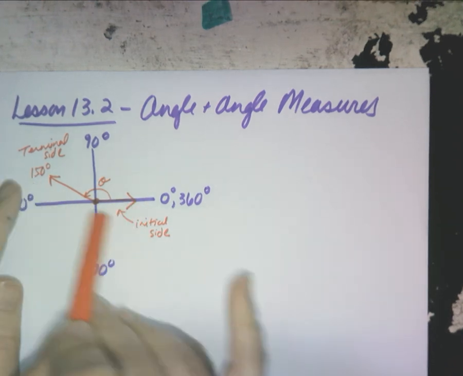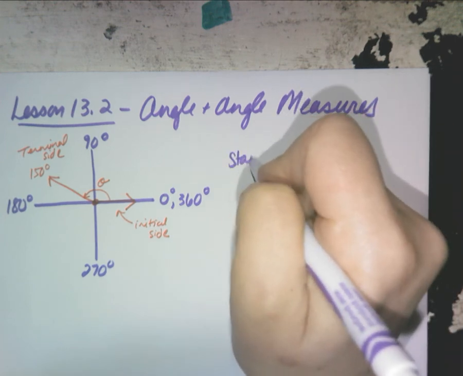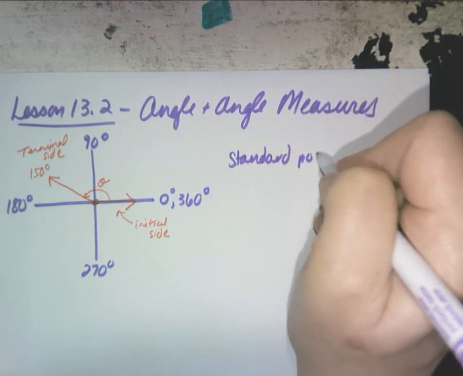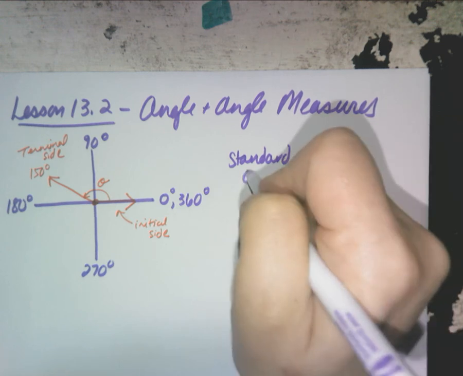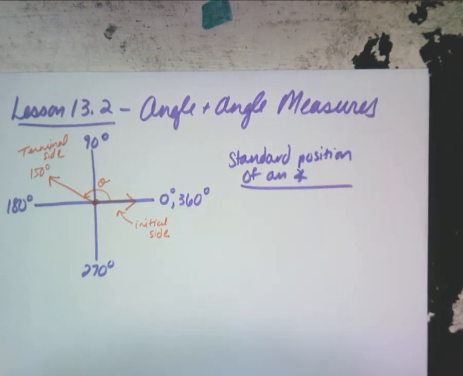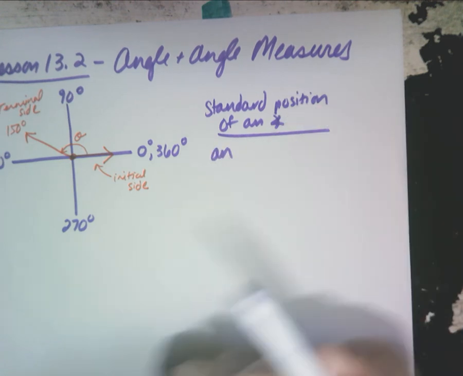This angle is known to be in what's called standard position of an angle. And I do want you to write that definition down because a lot of other definitions come from this definition. So standard position of an angle. And that's my symbol for angle. The standard position for an angle is exactly what I just described.